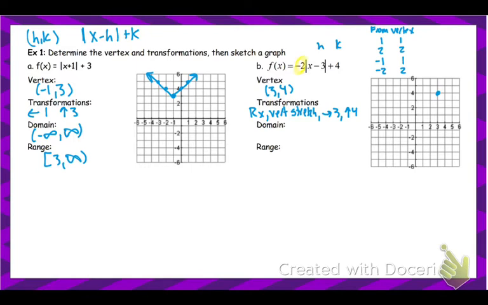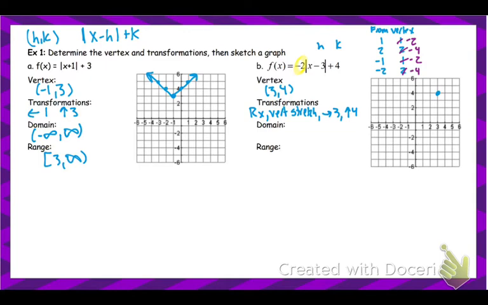So that's going to affect the way this graph moves up and down in relation to the vertex. Because that is a value that we would multiply, because again, it's a stretch, compression, reflection, we're going to multiply those values by -2. And that's now how we're going to move from the vertex.